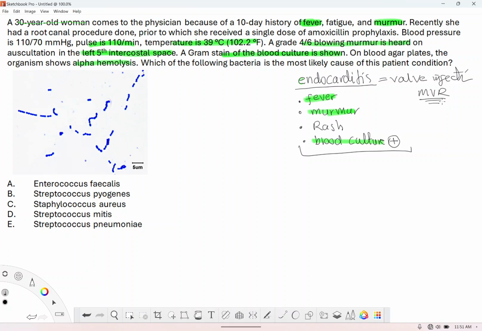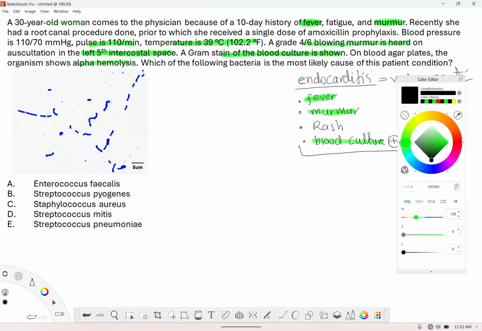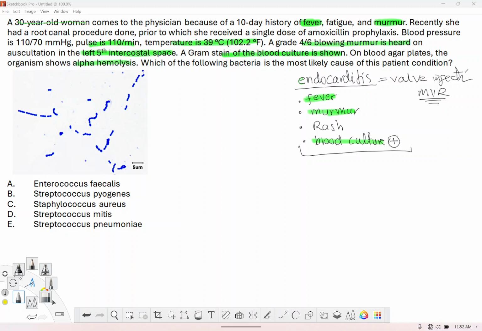Now that we know it's endocarditis, the question is asking what's the cause. We want to identify the exact cause. So which of the following bacteria is most likely the cause of this condition? What do we need to know? The bacteria is alpha hemolytic, and this person had a dental procedure.